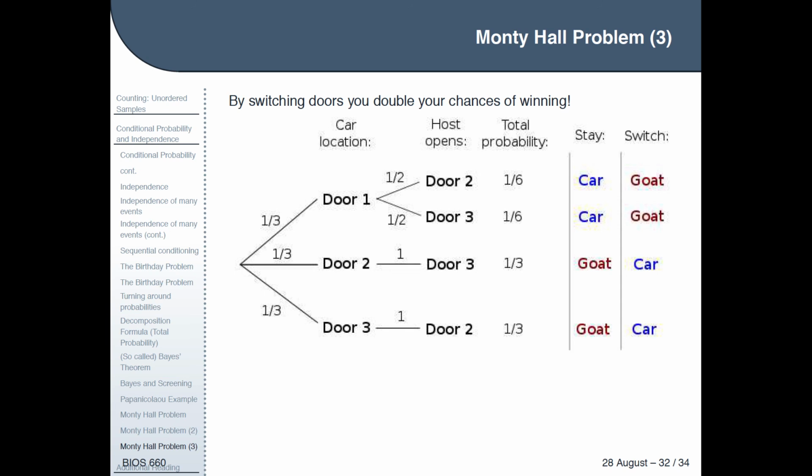Say you chose 1: if the car is behind 3, he will always open 2. If the car is behind 2, he will always open 3. In other words, if the car is behind either door 2 or 3, you win if you switch. The only way you can lose is if you were right initially.